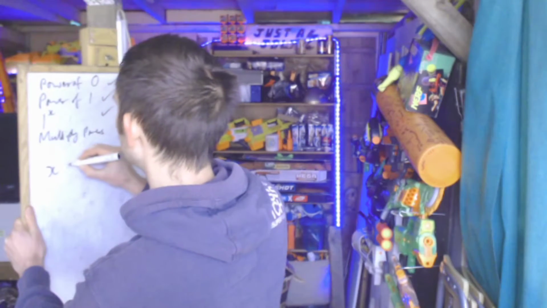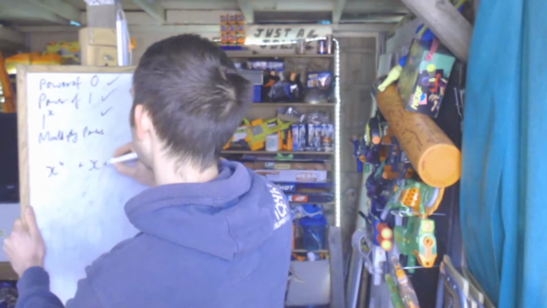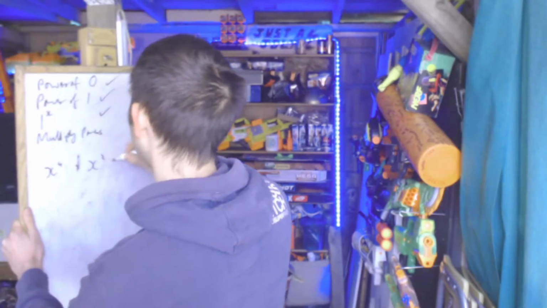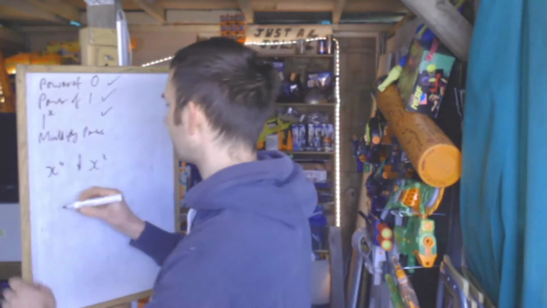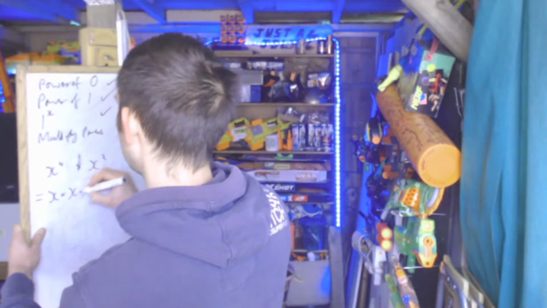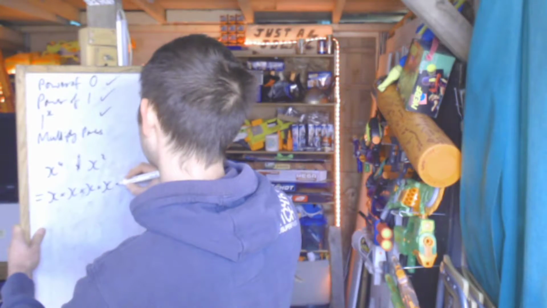Let's just take x to the power of 4 times x to the power of 2. And what I'm going to do is write this out so we can see what's going on. So this is equal to x times x times x times x, several x's.